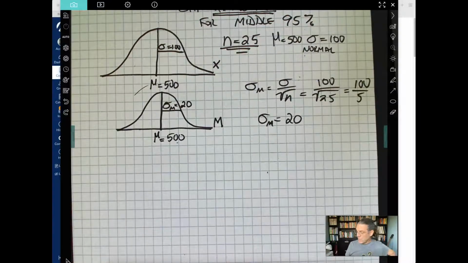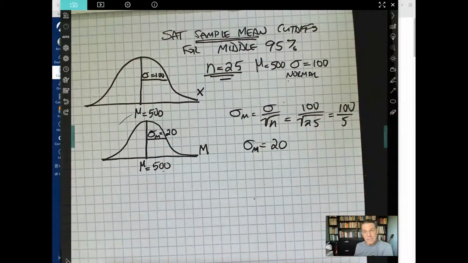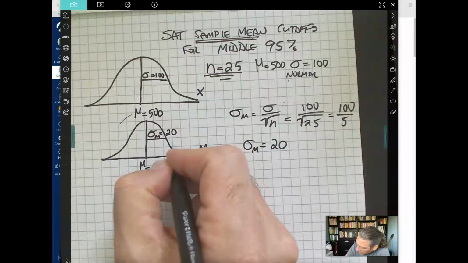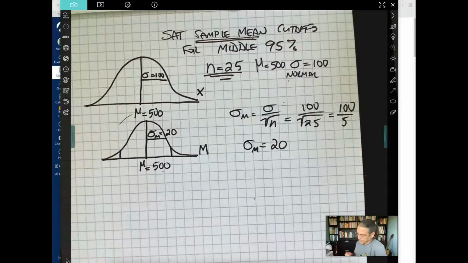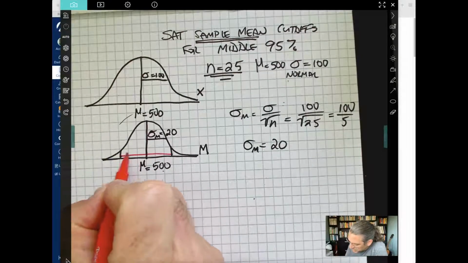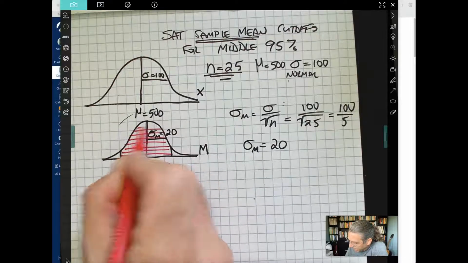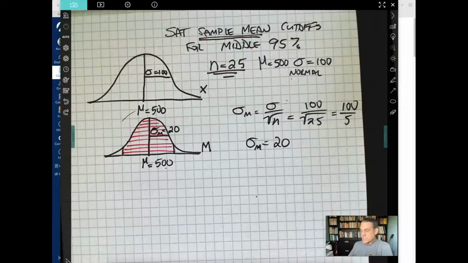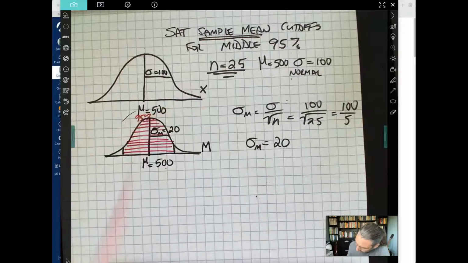But our question says, what are the sample mean cutoffs for the middle 95% for a sample size of 25? So what I want to do is shade the middle 95%. So I'm going to shade this part here. What I've shaded there in red is that middle 95%. So we've got 95% in there.